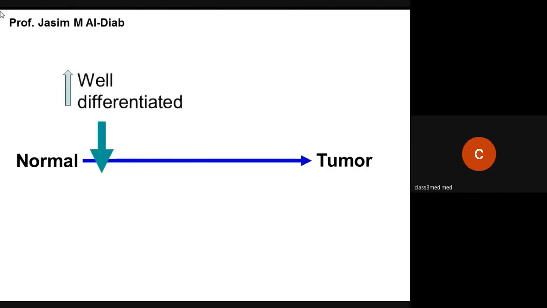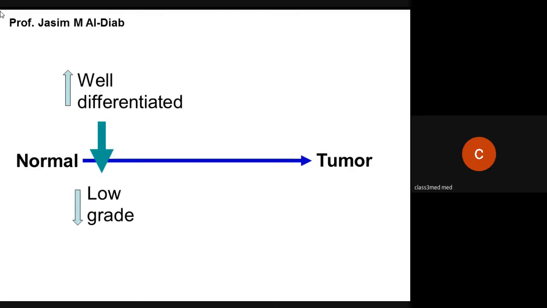Okay, it's well differentiated because it is very similar to the normal. But what about the grade of the tumor? Is it low grade or high grade tumor? Low grade, because it doesn't deviate away from the normal, still near the normal.